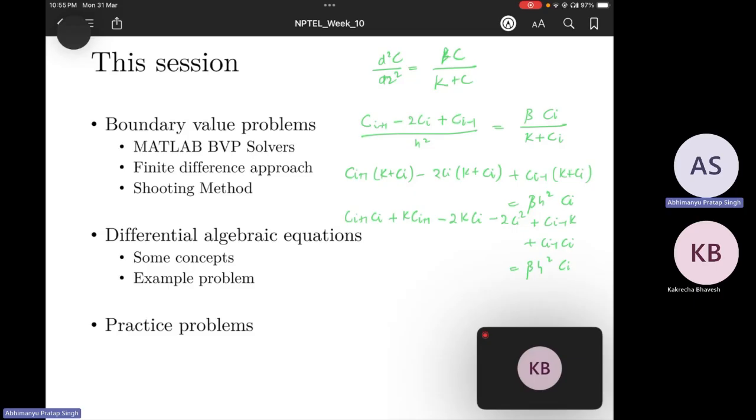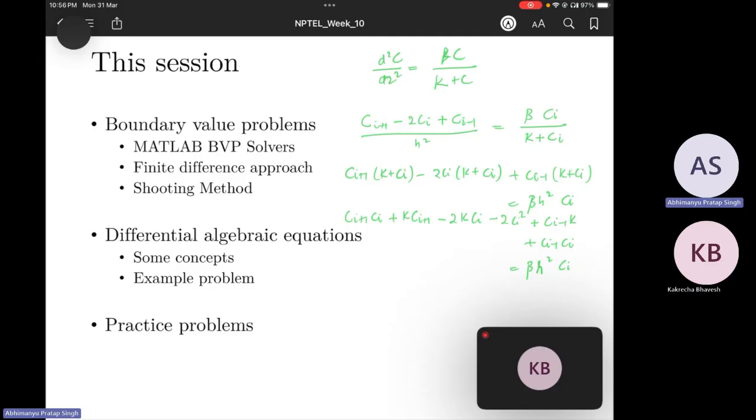This division term is making it so. I don't think we can convert this into a matrix form to solve.